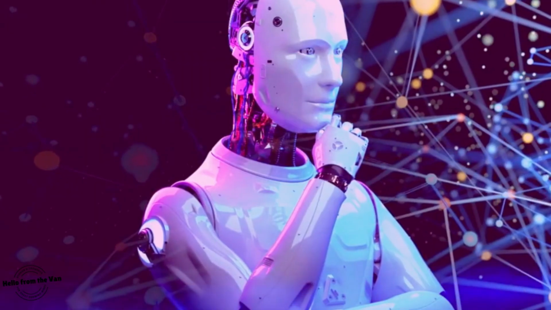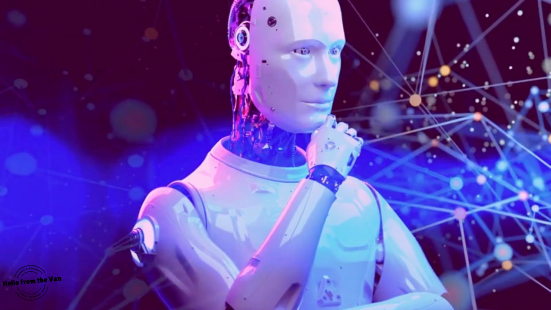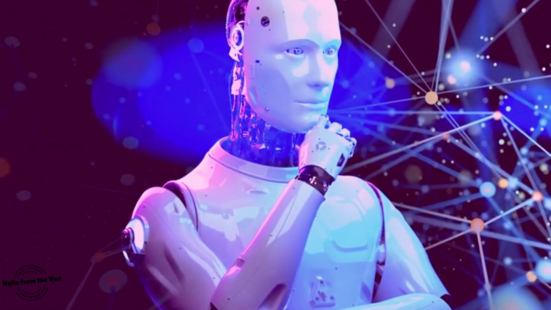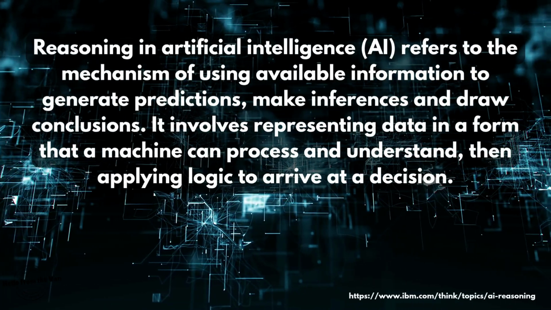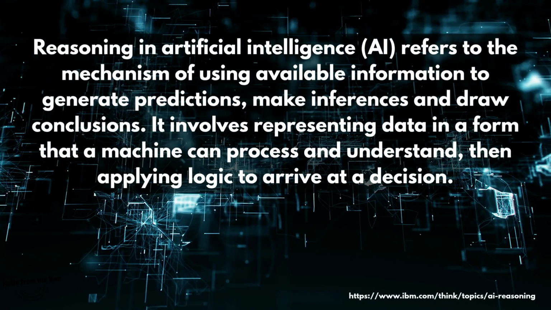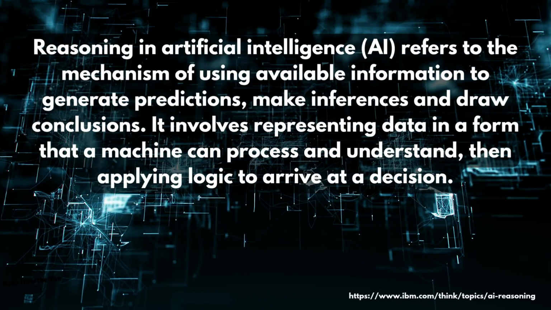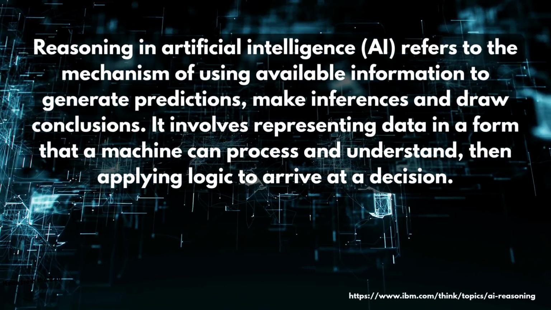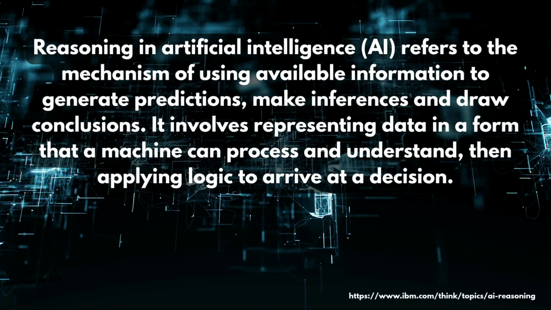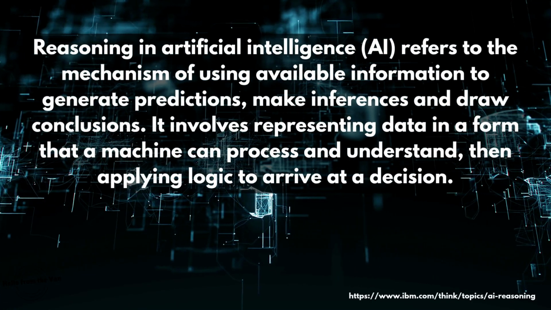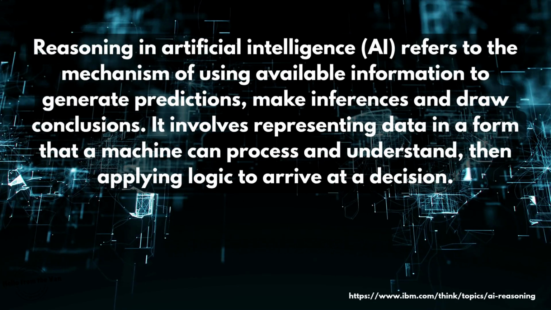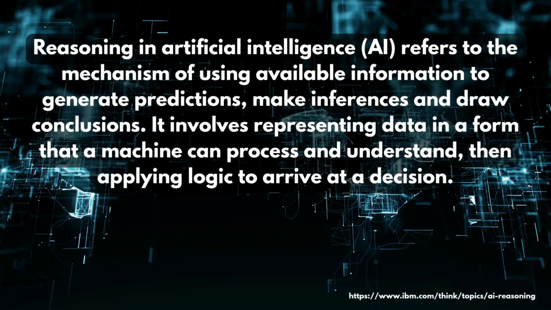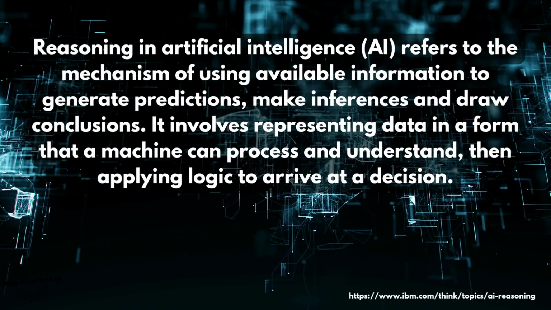If you are wondering how artificial intelligence comes up with its answers, it uses what is called reasoning. Here's what IBM had to say about that. Quote, "Reasoning in artificial intelligence refers to the mechanism of using available information to generate predictions, make inferences, and draw conclusions. It involves representing data in a form that a machine can process and understand, then applying logic to arrive at a decision."